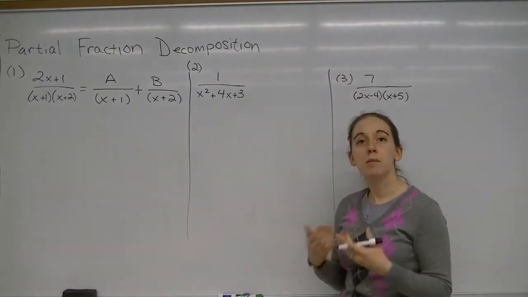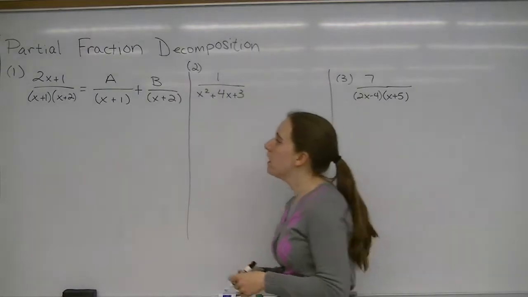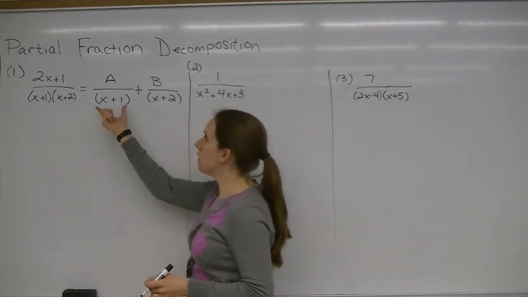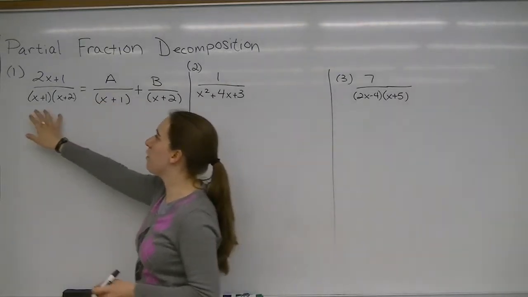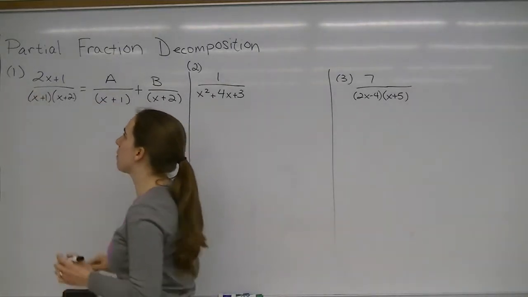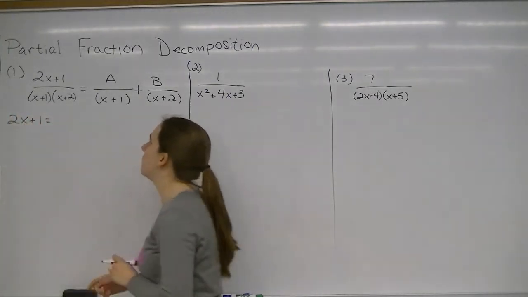Now that I've proposed this, I don't want to work with fractions anymore. If I multiply by the denominator to each piece, the denominator will cancel with what I'm multiplying by, and I'll just be left with 2x plus 1.